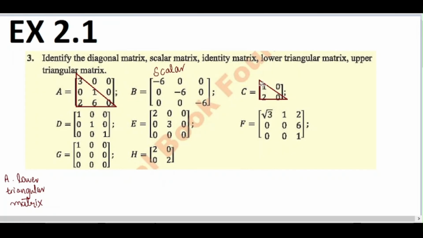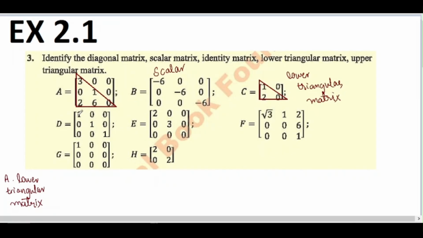There is at least one non-zero element, and this is the star element. There is again at least one non-zero element over here. So what do we call such a matrix? Yeah, it is a lower triangular matrix again.